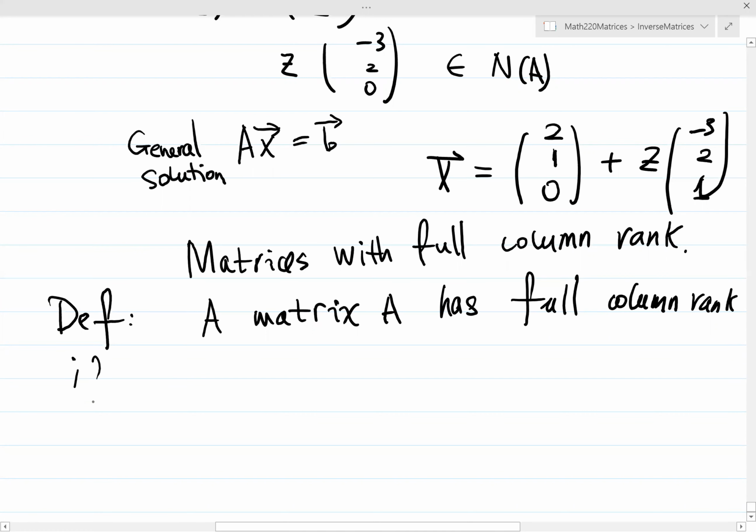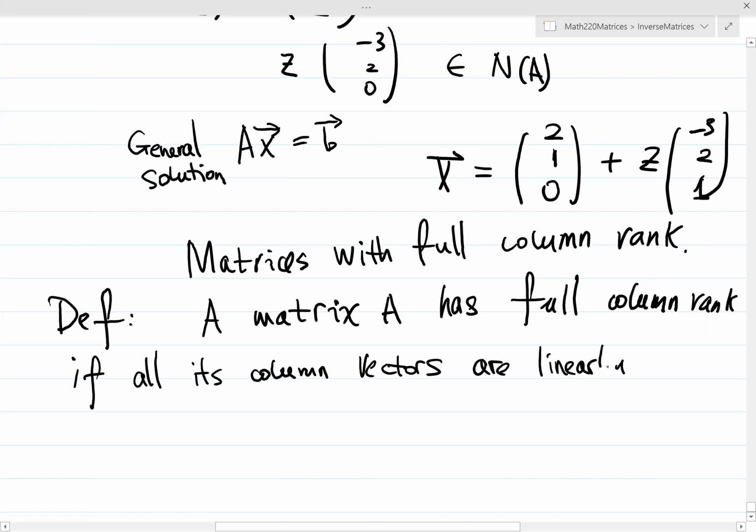That is, they span a column space of the largest dimension.